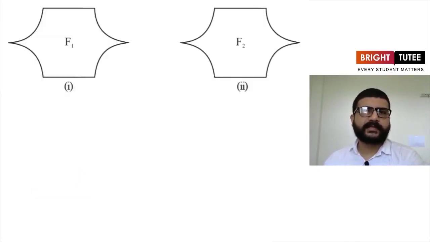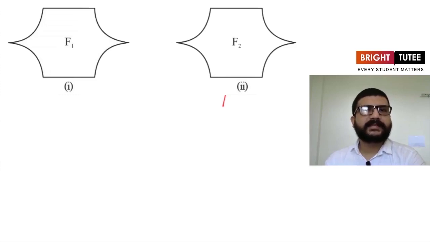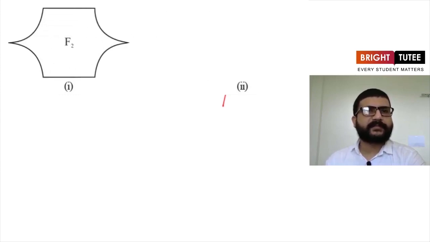Now let's consider these two figures. Here two figures are given, F1 and F2. So what do you think? Are they congruent? Now how to check whether they are congruent or not? We can check this by method of superposition. That is, we'll try to superimpose one object or one figure over the another one. For that, what we will do, we will take trace copy of, let's say we are taking trace copy of figure F2, and then we'll try to superimpose this trace copy over F1.